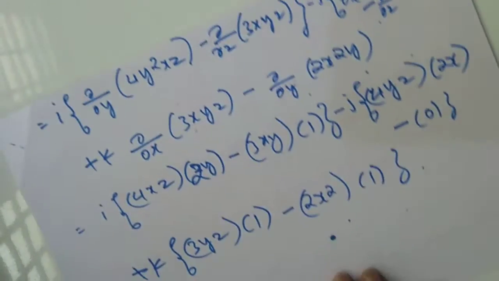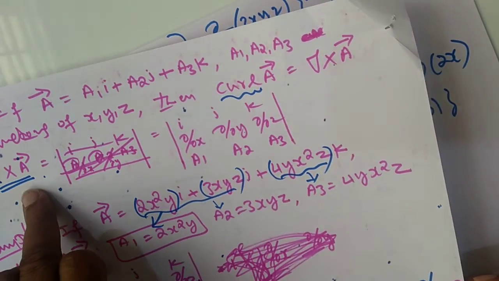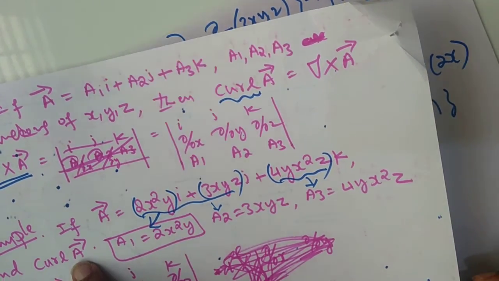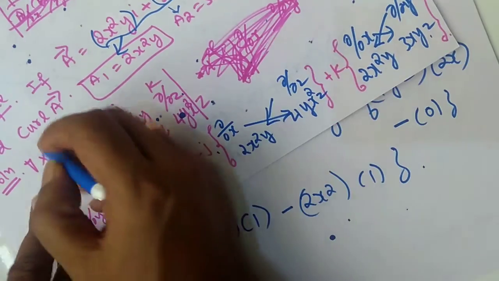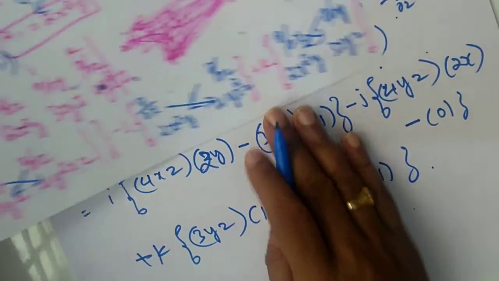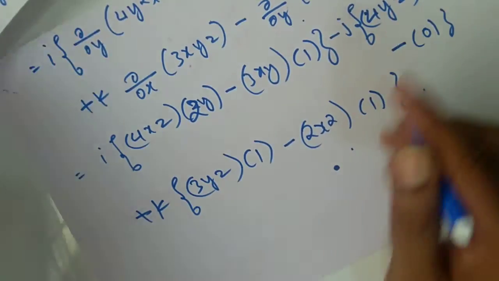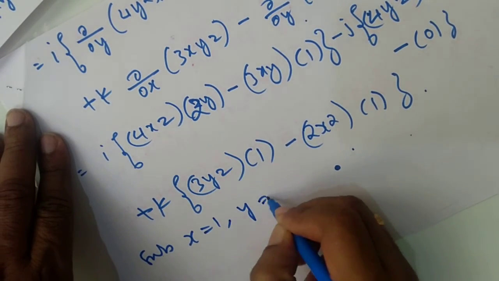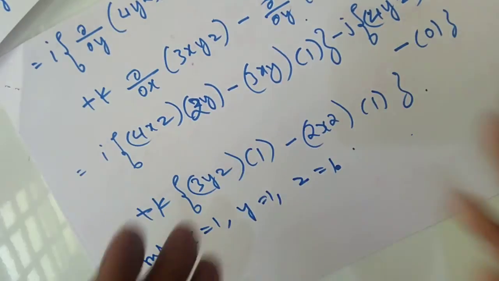So this is what is happening. What is the question? Find curl A. Suppose he has asked to find curl A at the point (1, 1, 1), then what I am doing? Substitute x equal to 1, y equal to 1, z equal to 1 here. Okay, let us stop.